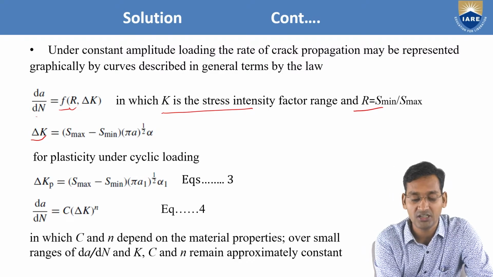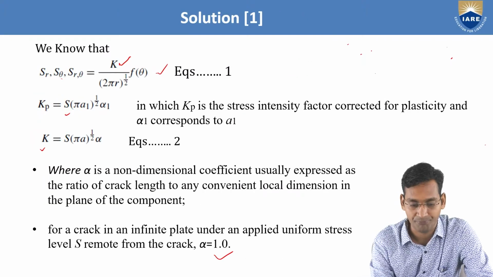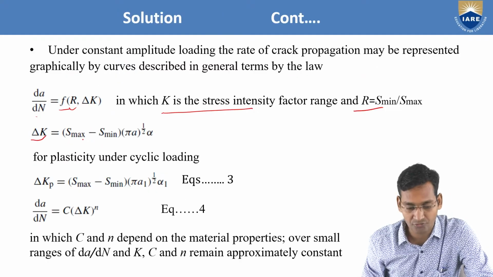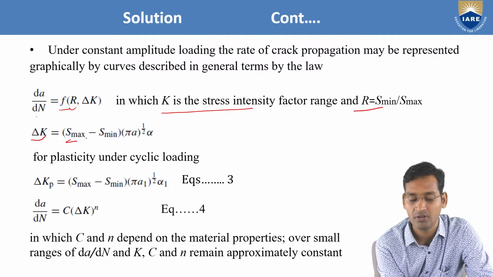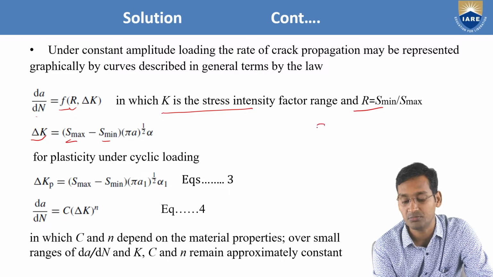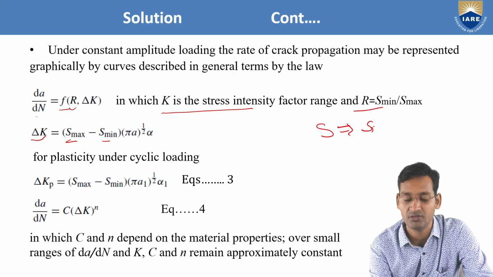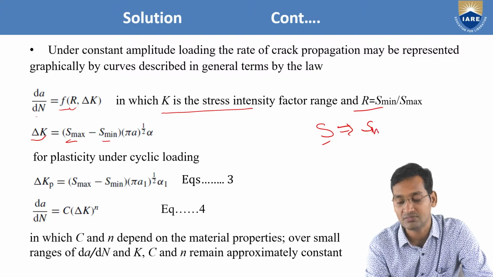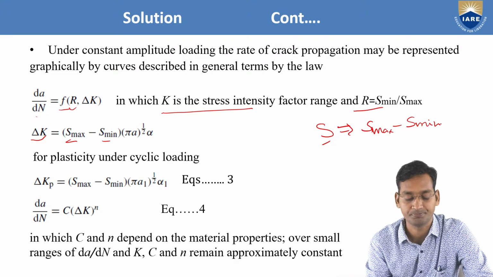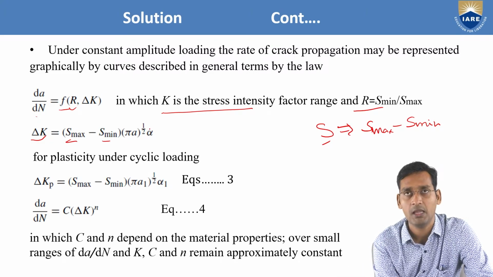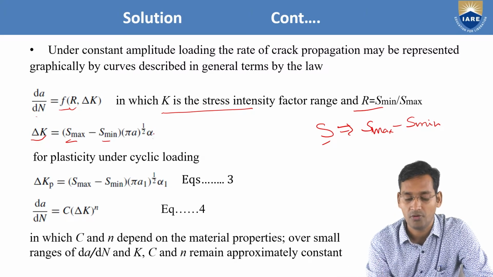So in terms of the same formula, if we write it in terms of range, then what happens? S maximum minus S minimum, so S here becomes the range, into pi A to the power 1 by 2 into alpha.